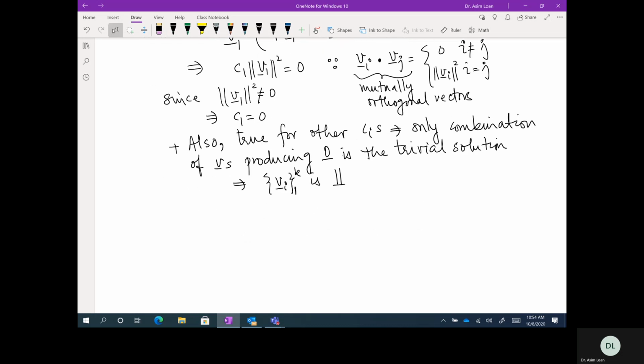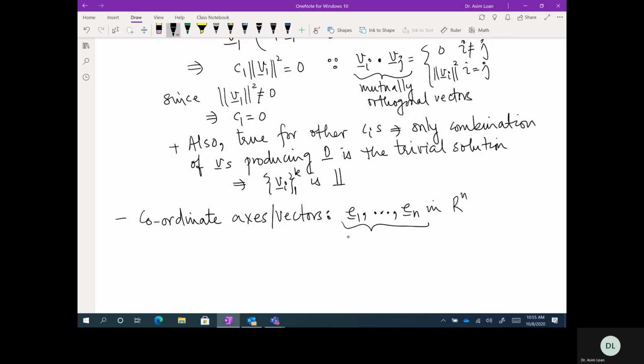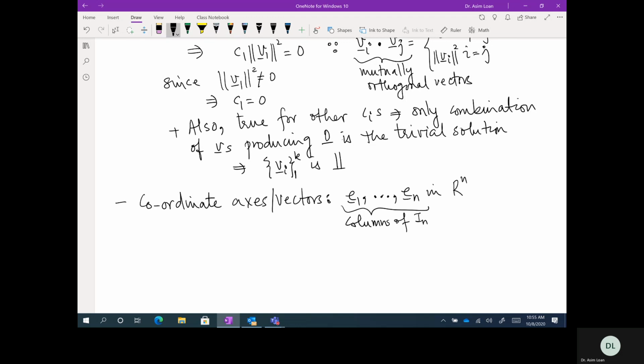Okay. So coordinate axis vectors E1 to En, which are the columns of the identity matrix In in Rn, form the simplest basis.